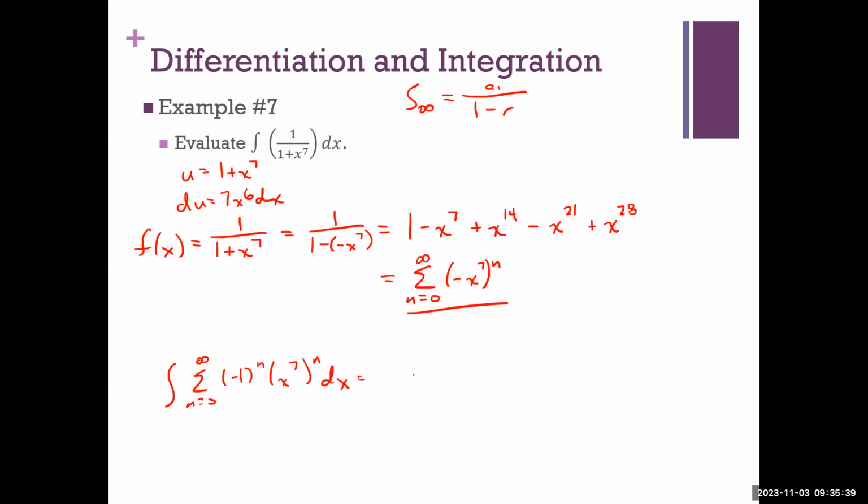If that's okay, can I then say this? So negative 1 to the n times x to the 7n. Is that okay? So now let's integrate this. What's that going to look like?